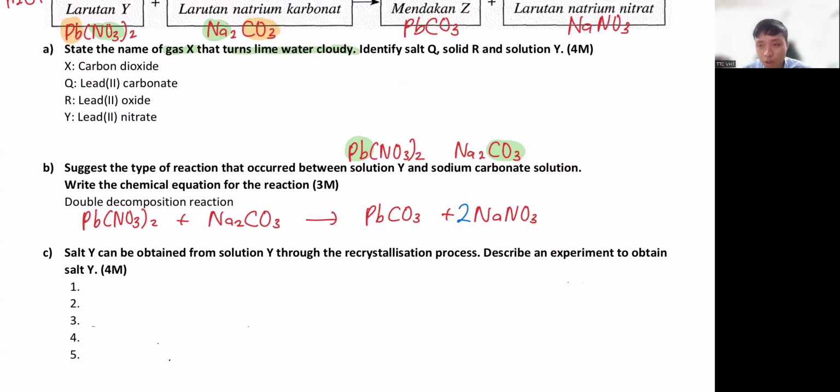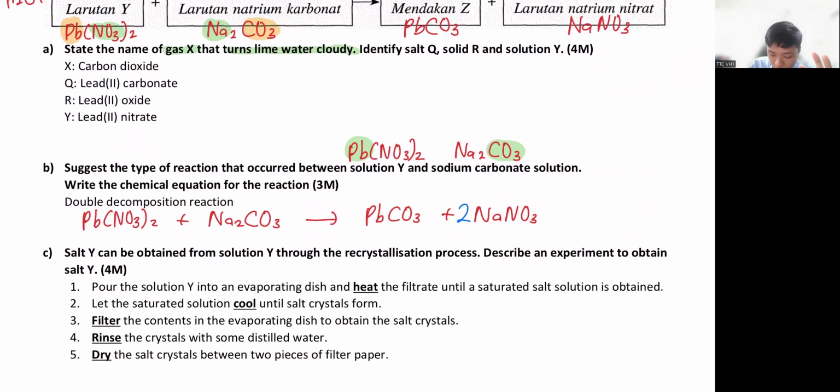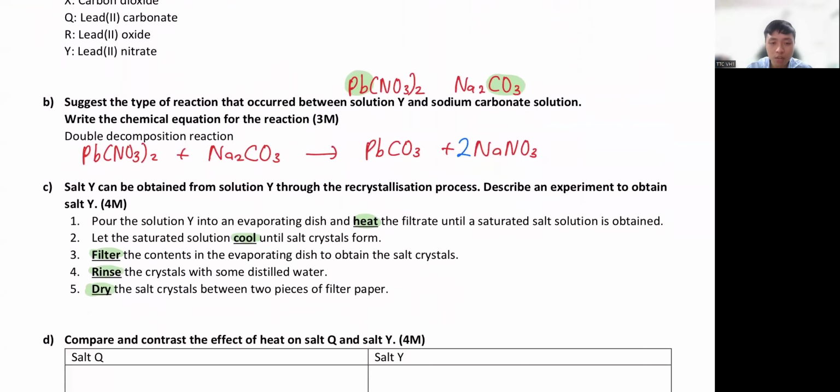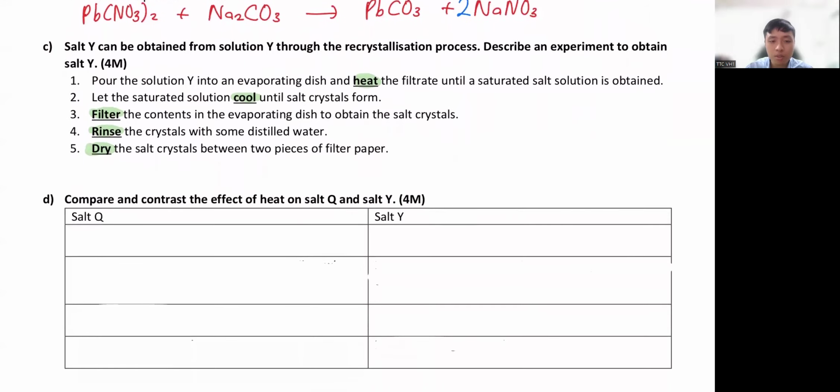Pb nitrate is a soluble salt, so we do crystallization: heat, cool, filter, rinse, dry. You can slowly write that down after your class, when you are free. After that you can look at D.